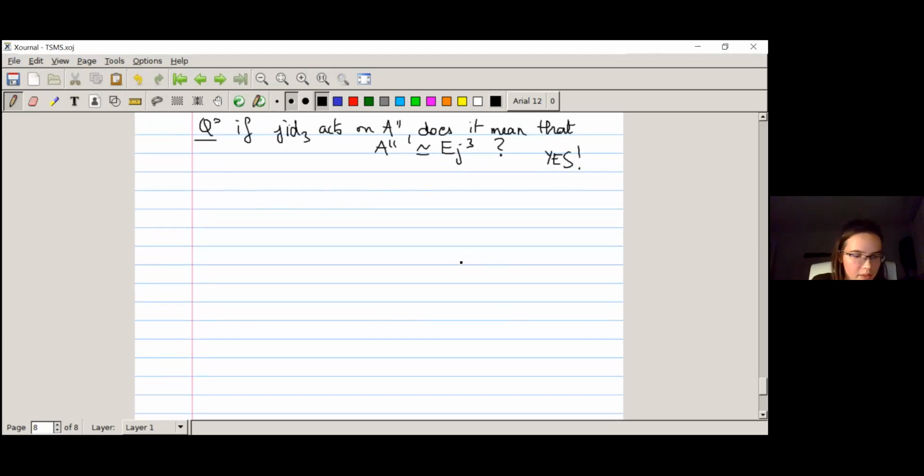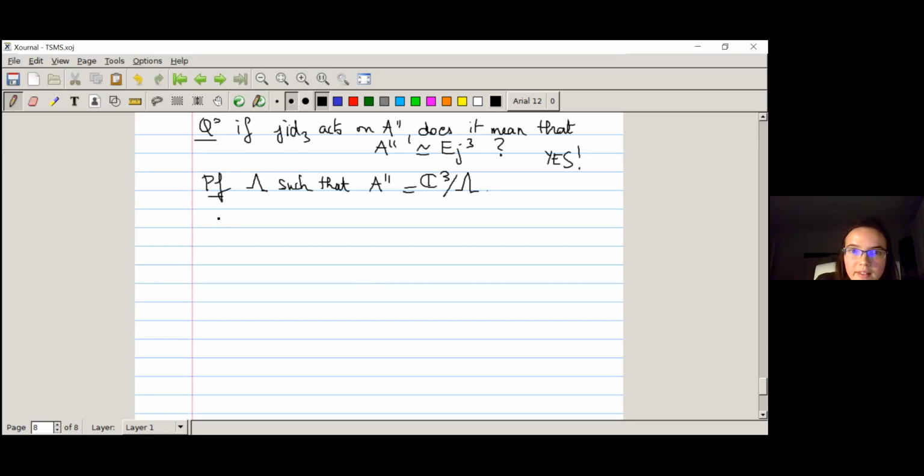And how do we prove this? Well, the proof is not so difficult. So the proof is the following. You take lambda such that A prime prime is C3 over lambda, so the associated lattice.